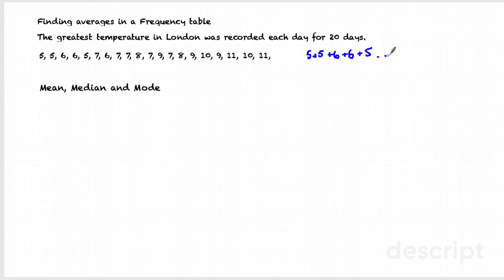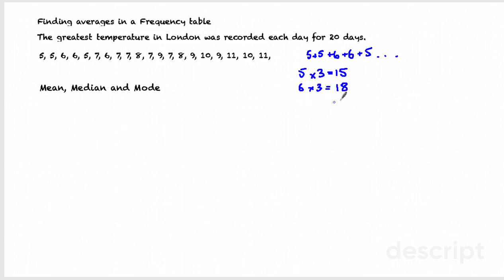Well, hang on a moment. I think I'm going to be a bit cleverer than that. I'm going to add this up by saying that I've got 5 3 times. So that adds up quickly to 15. I've got 1, 2, 3 sixes. I've got 6 times 3, and that adds up quickly to 18. Now, this could continue.